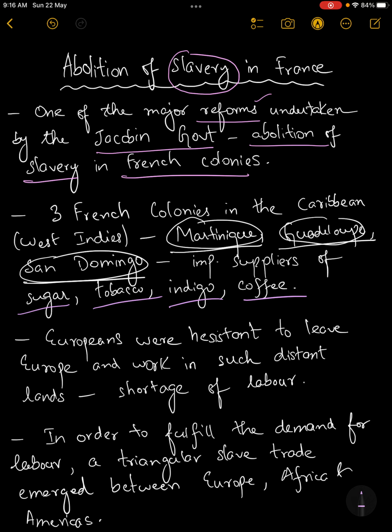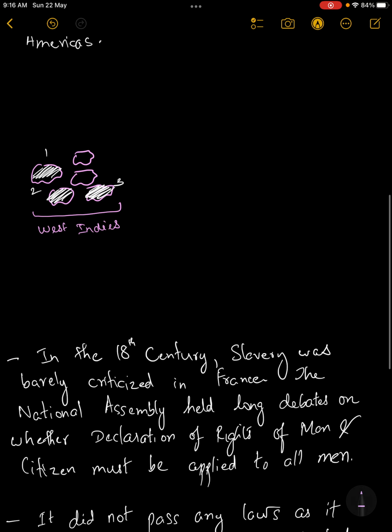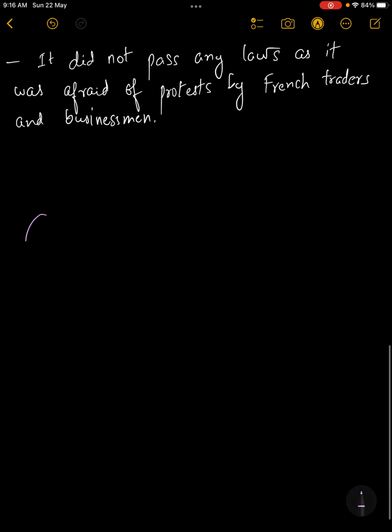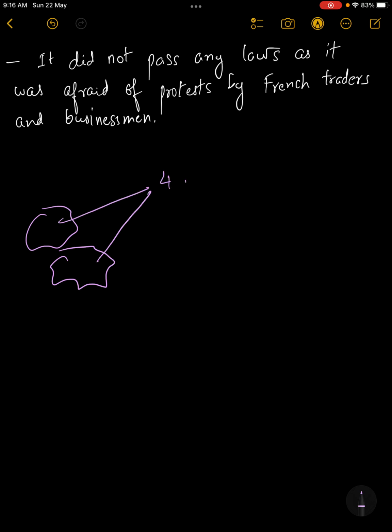Now the situation is, you need to understand that these islands were producing these four products, and these products were cultivated in plantations. You understand what a plantation is, right? Coffee plantation, rubber plantation, spice plantation.